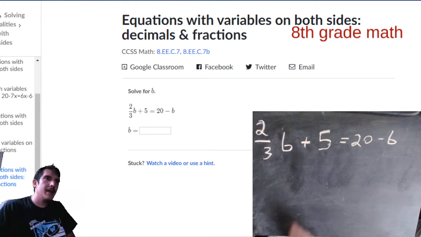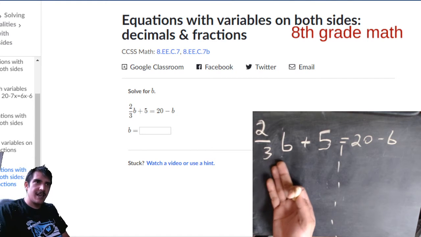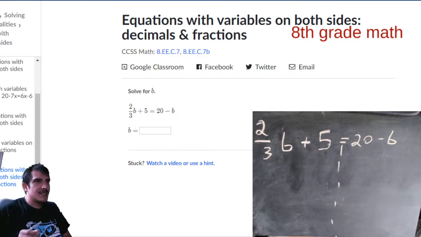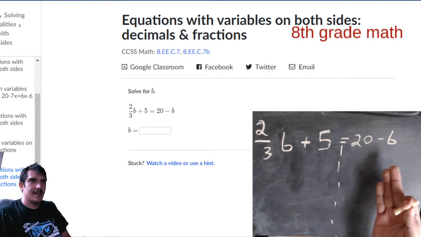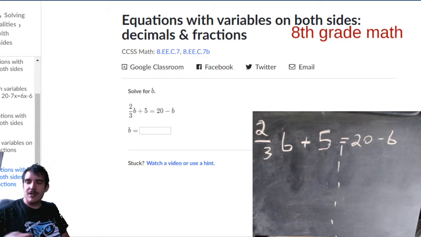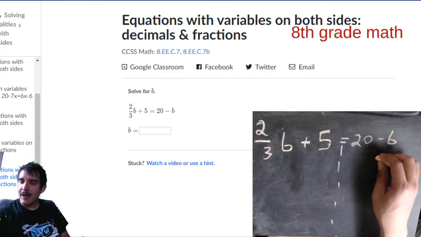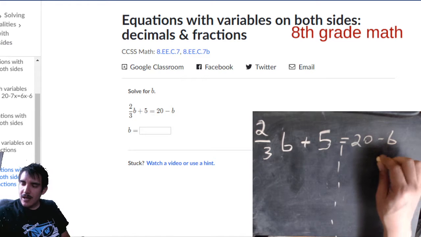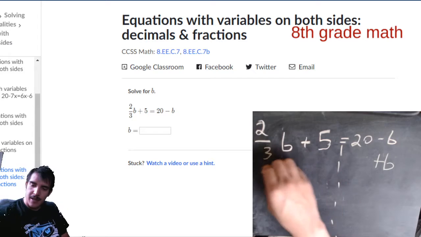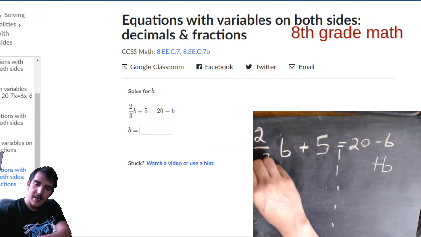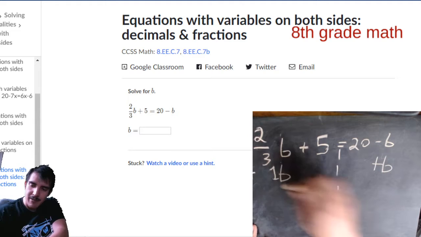Okay, we have an equation with variables on this side and on this side. So again, we want to keep whatever's on the first side, get rid of whatever's on the second side. So here we have a minus b. How do we get rid of minus b? Think about it. Pause the video if you need to. To get rid of minus b, you would do plus b, and then plus b. Now when you do plus b, that's really plus 1b, right?